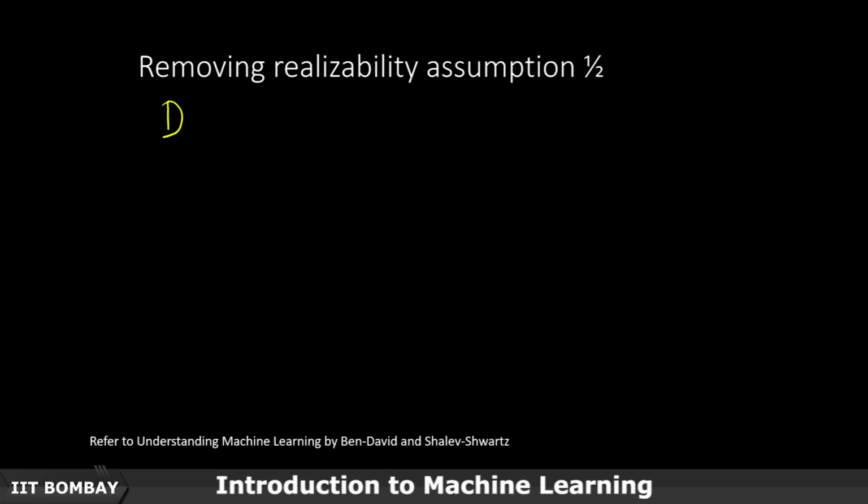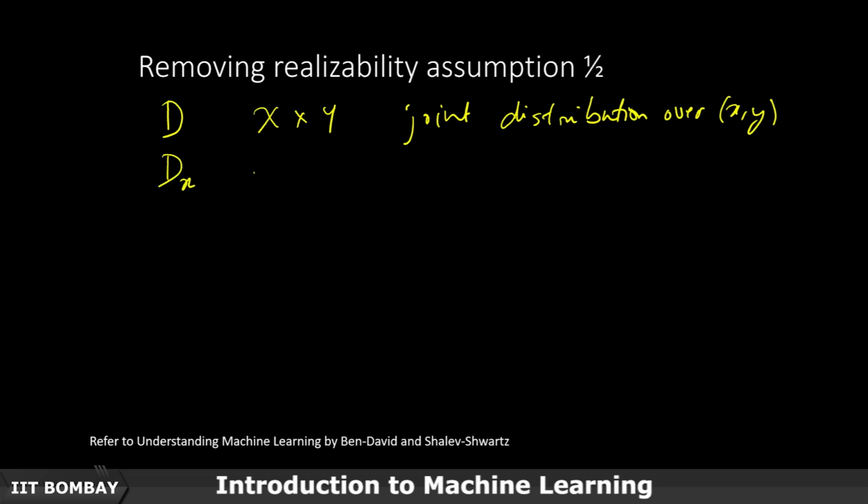We will change the definition of D now, and this D distribution is going to be over X and Y, in the sense that it's going to be a joint distribution over X and Y. And D_x is the marginal distribution of X. So at test time we are drawing from the marginal distribution D_x, but at training time the capital S is drawn from the joint distribution D over X and Y.